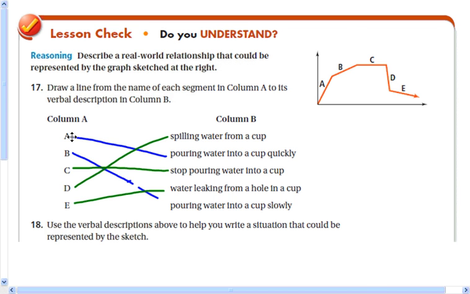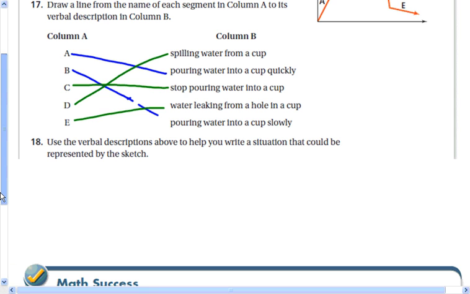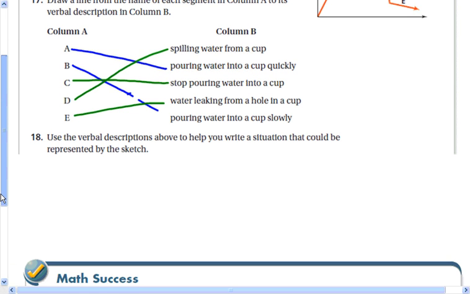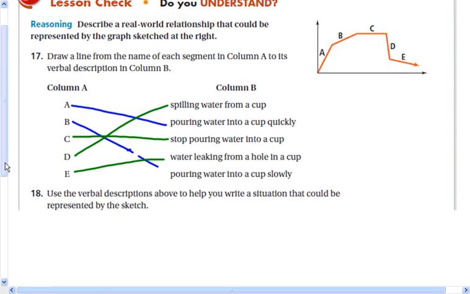Okay, so our verbal description to match this would be something like, so we have an empty glass. We turn on the faucet, we start pouring it in at a pretty heavy rate. As it gets towards the top, we slow down the water, that'd be section B, until it reaches the top level.